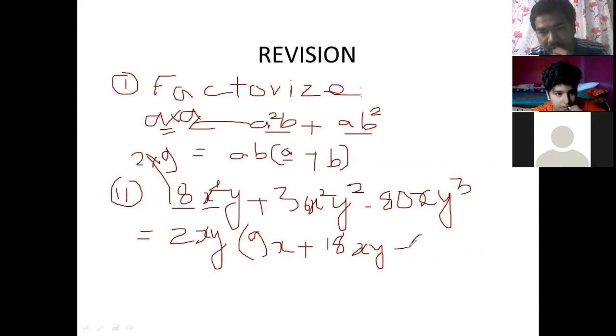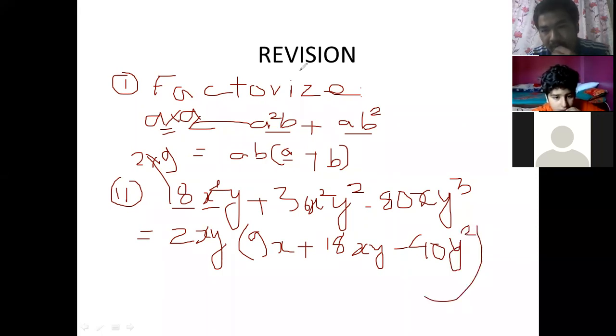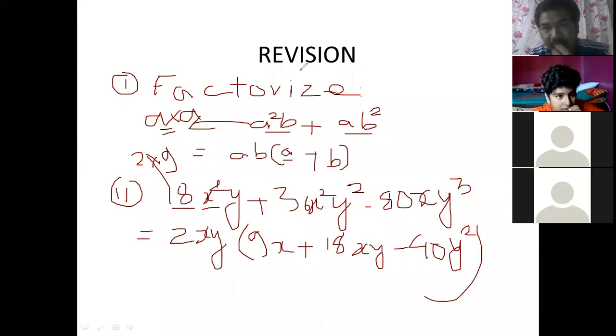Very good. From x, nothing is left. From y cube, y goes common, then y square is left. This is the factorization.